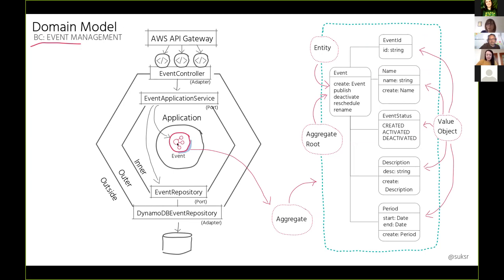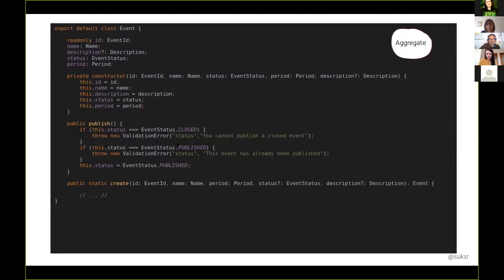And the aggregate itself, so that means that we are now going to the domain model itself, is the aggregate that I was talking about earlier, and the source code of this one looks like this. It's implementing the business rules and the invariants, and it checks whether the event has been, for example, closed before, then we can't publish it, and checks an invariant. So it only consists of domain logic, but no technical concerns at all. It does not take care of storing itself into the database.